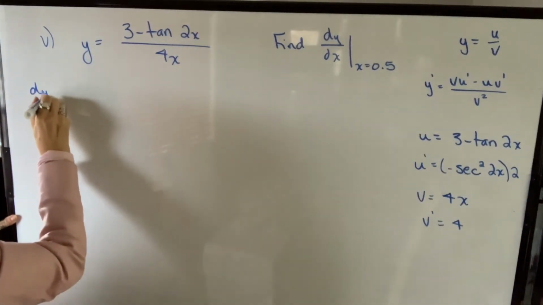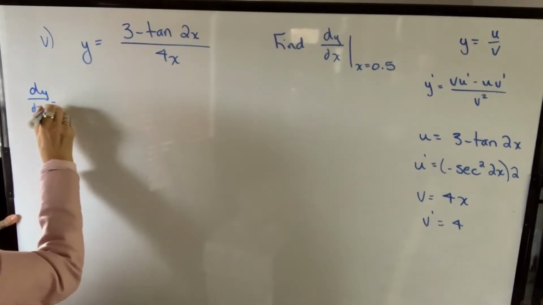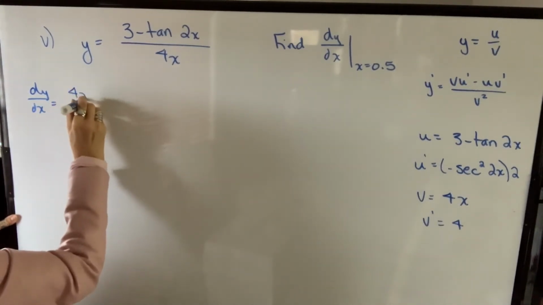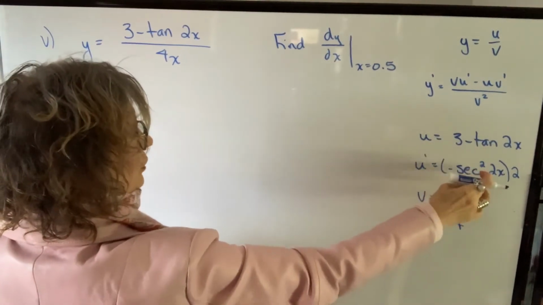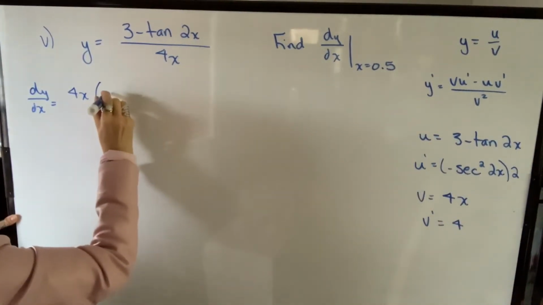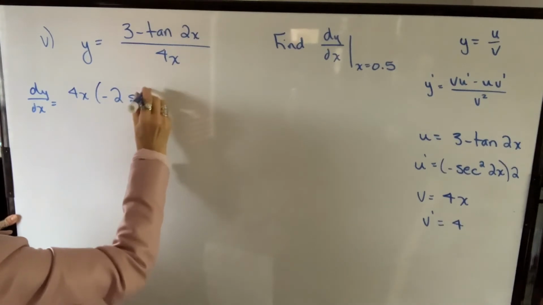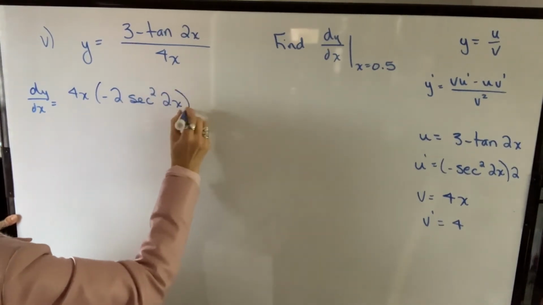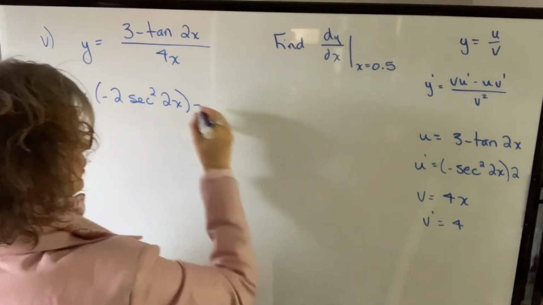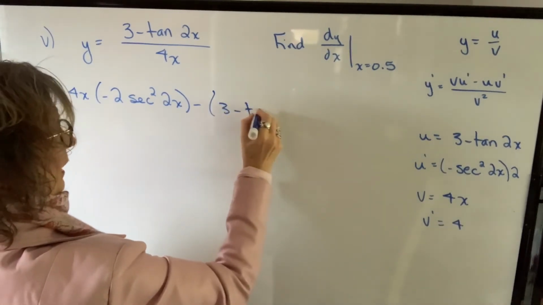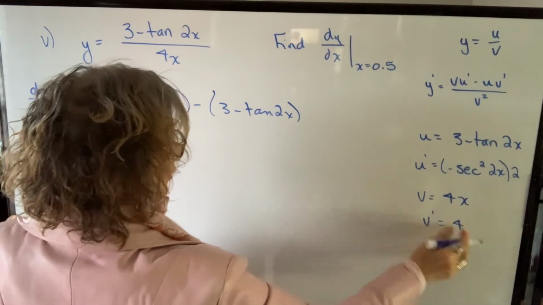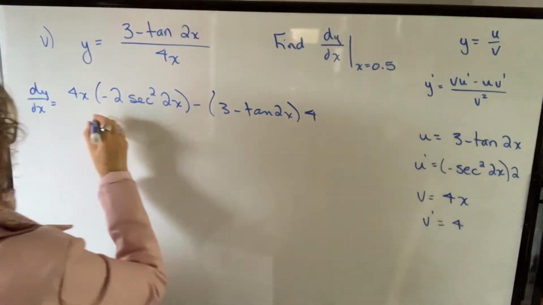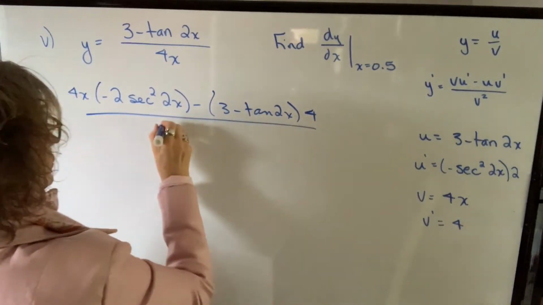So the derivative in general will be v times u prime, which is negative 2 times secant squared of 2x, minus u, which is 3 minus tangent of 2x, times v prime, which is 4, all over the denominator squared.